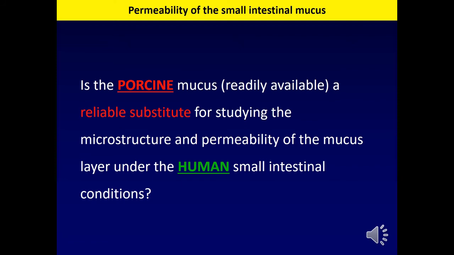Experiments on penetration of digesta into the mucus layer can also be used to answer the question whether the porcine mucus, which is quite easy to obtain and often used in transport experiments, is actually a good substitute for the difficult to obtain human mucus for human relevant studies.